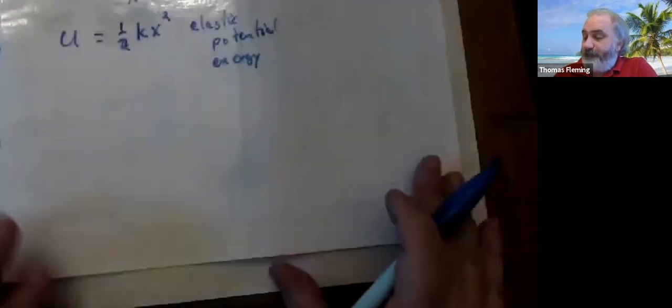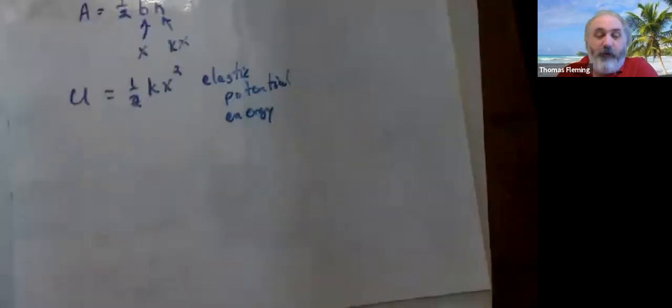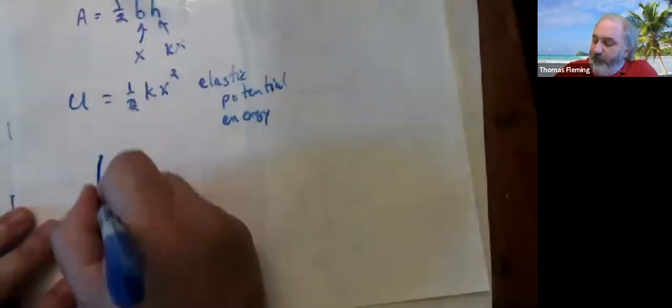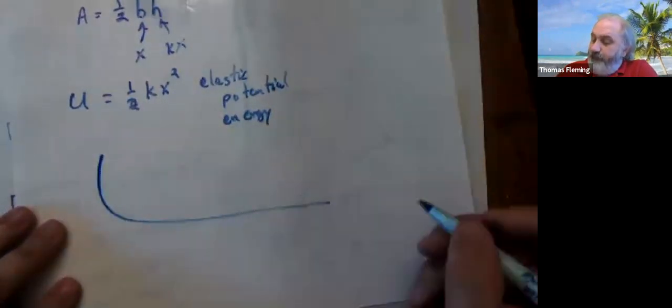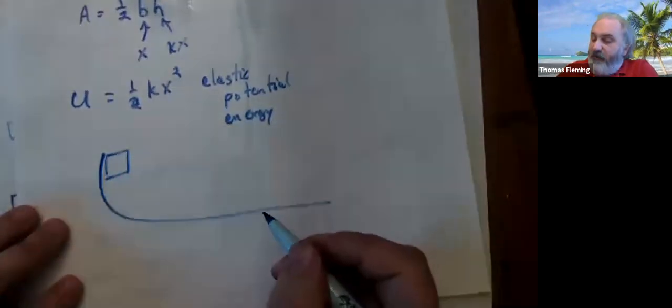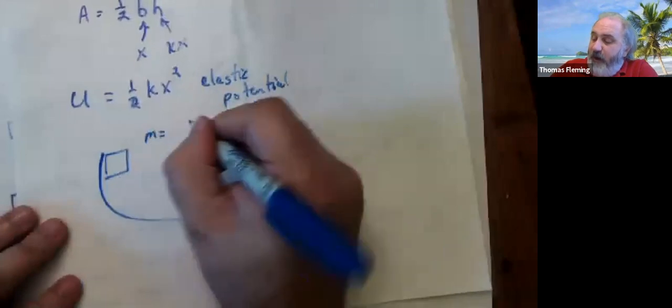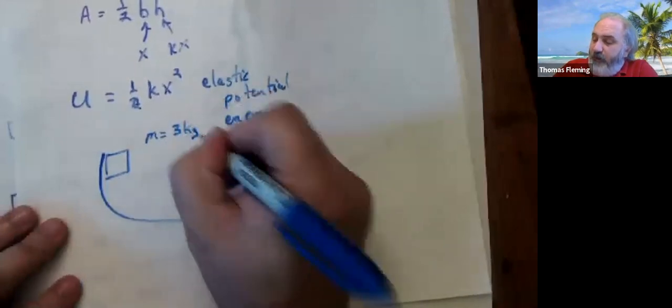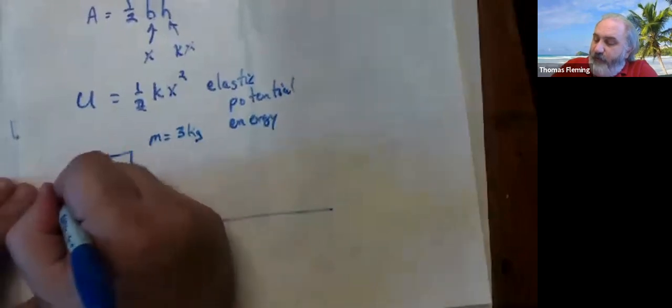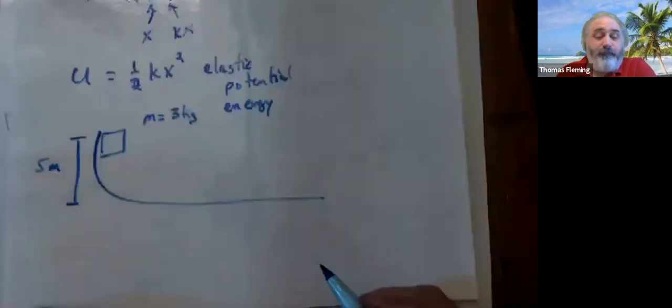So let's solve a problem with this. Let's say I've got this nice slippery surface, and I've got a box. The mass of this box is, let's say, 3 kilograms. And I'm going to start with this thing 5 meters above the bottom of the ground.